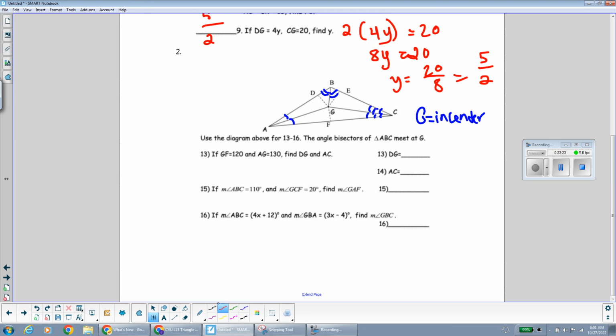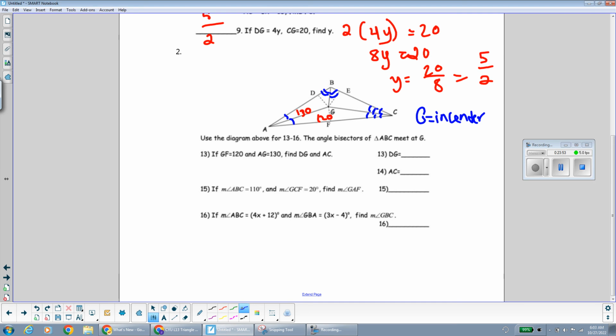So we have GF is 120. AG is 130. Find DG and AC.